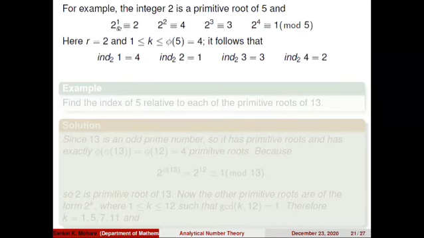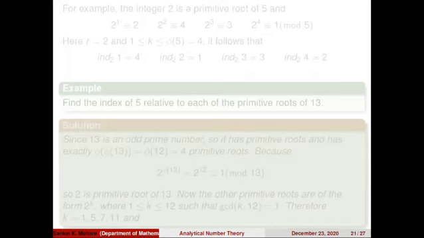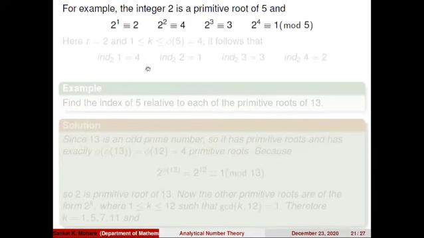Okay, so 2 to the power 1 is congruent to 2, 2 squared is congruent to 4, 2 cubed is congruent to 3, and 2 to the power 4, that is 16, is congruent to 1 modulo 5. Now we have to find the index of A. Look at this middle equation. Here the value of R is 2. Using the same fact from the definition, I calculated the powers of the primitive root 2: 2 to the power 1, 2 to the power 2, 2 to the power 3, and 2 to the power 4.